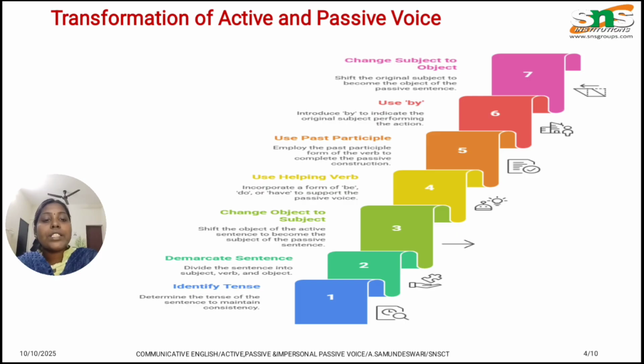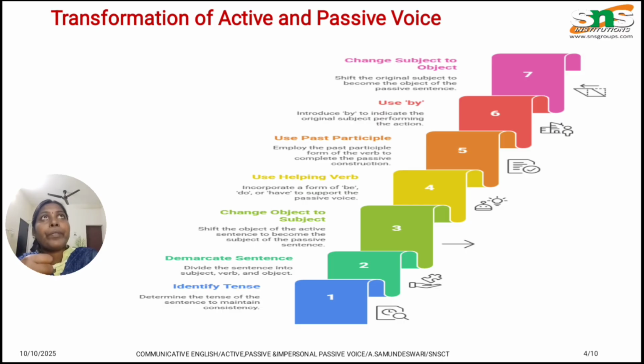Next, you are not supposed to change the tense form of the sentence. While changing the object into the subject place, confirm whether it is singular or plural. If it is singular, use the singular form of the verb. If it is plural, use the plural form of the verb.